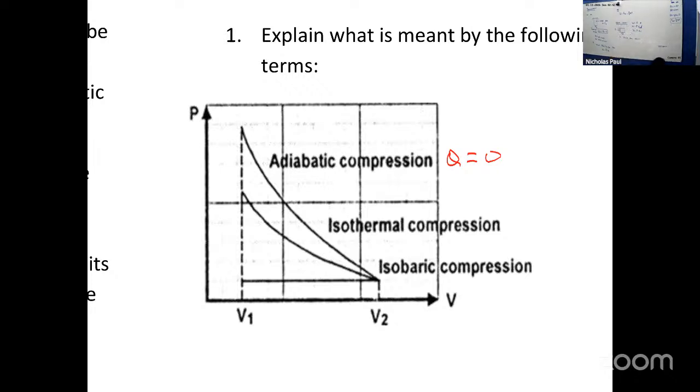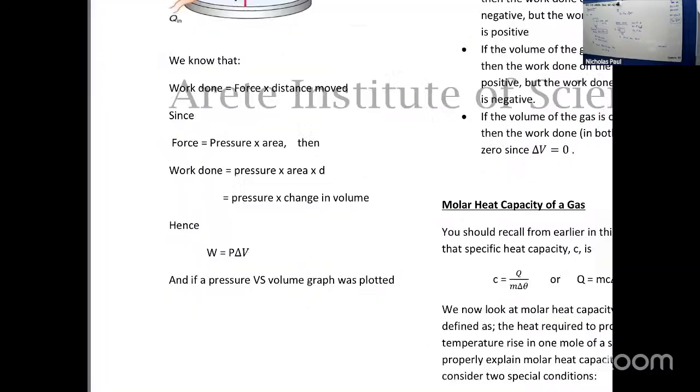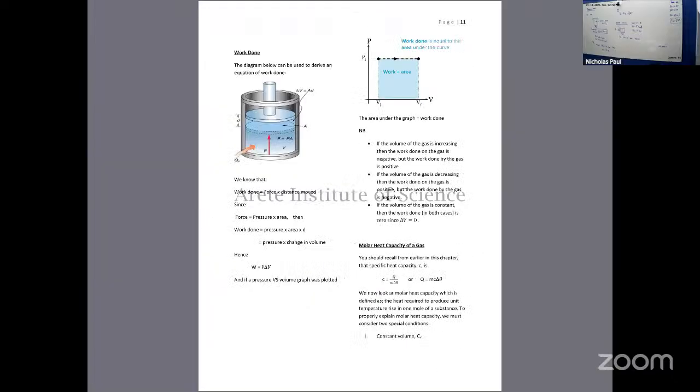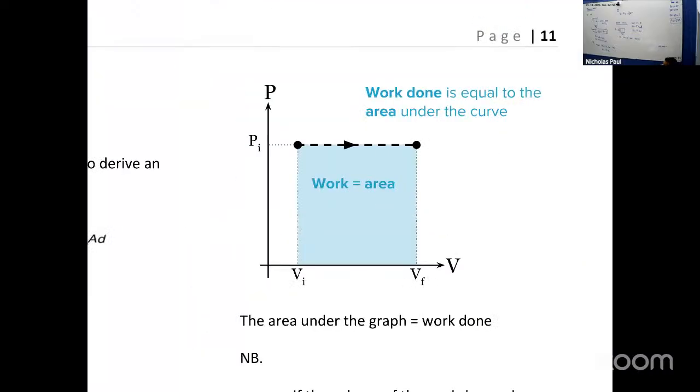Before we start any question, I forgot to ask you, watch here. If I give you a pressure versus volume graph, the area under the graph is the work done.